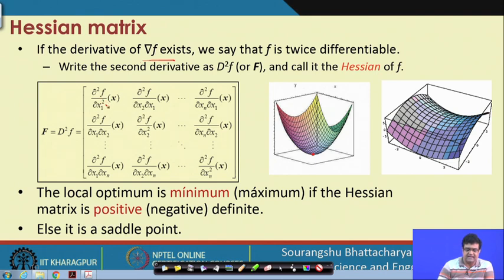The ijth entry of this matrix is the double partial derivative of f with respect to xi and xj.